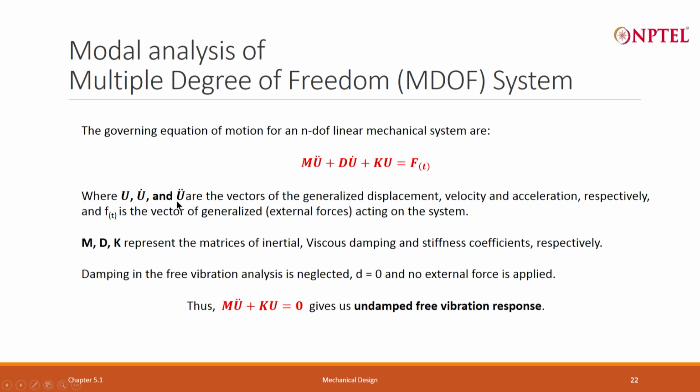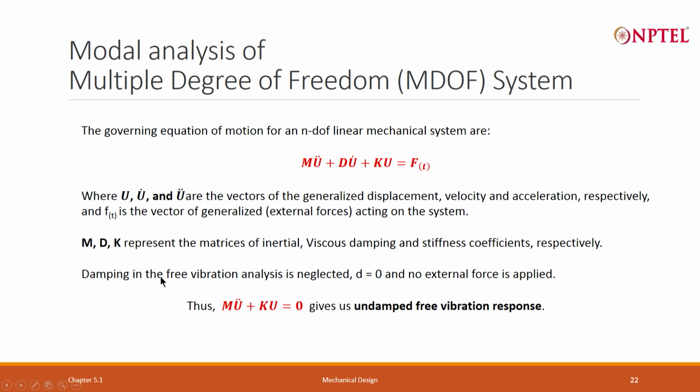The simple governing equation is m u double dot plus d u dot plus k u is a function of force, where u double dot represents the acceleration, u dot velocity, u displacement, m is the inertial or mass factor, d becomes viscous damping and K is stiffness, we say.